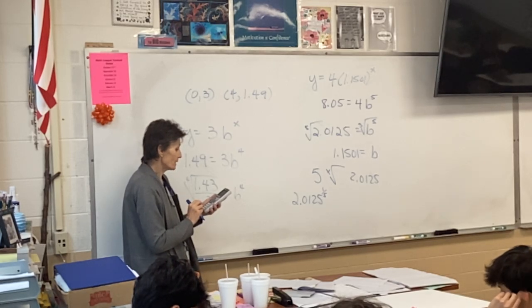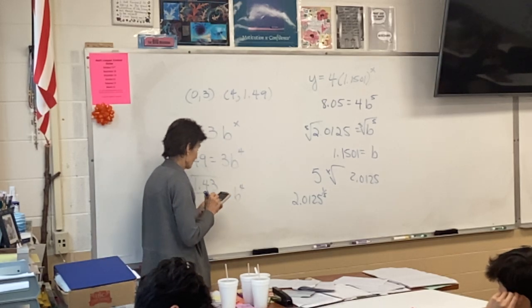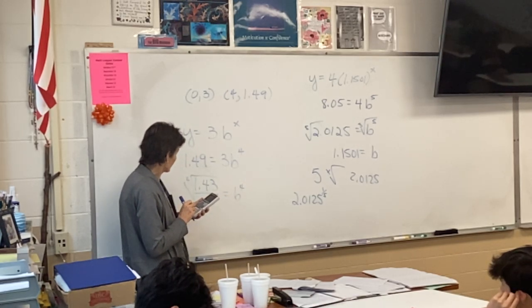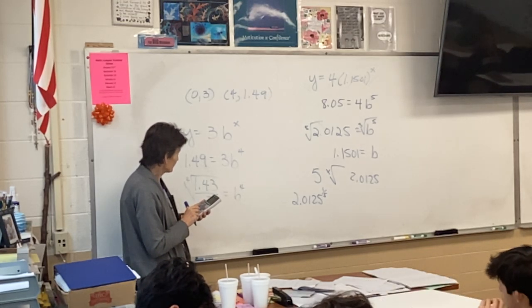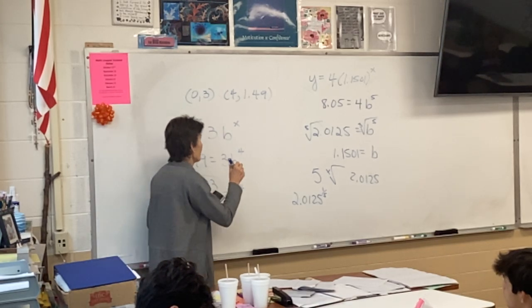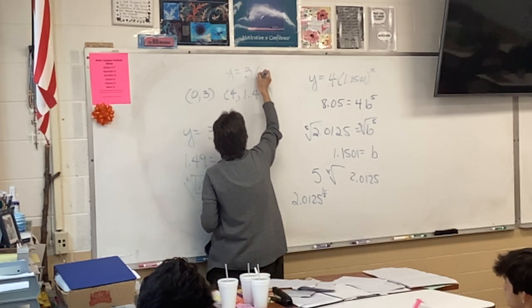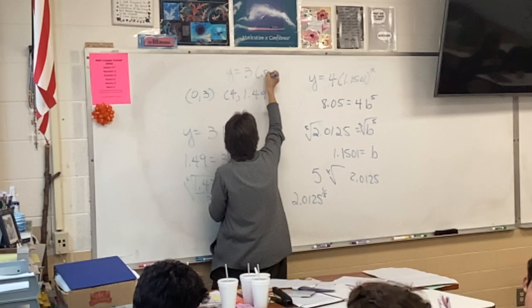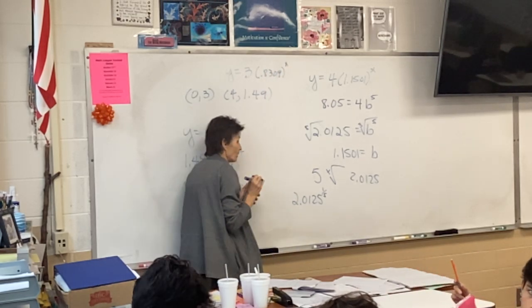Did you get 0.8309? 1.43 divided by 3. No, I got it, 0.8309. Yeah, so that's like what I got. I was rounding. So y equals 3 times 0.8309 to the x power.